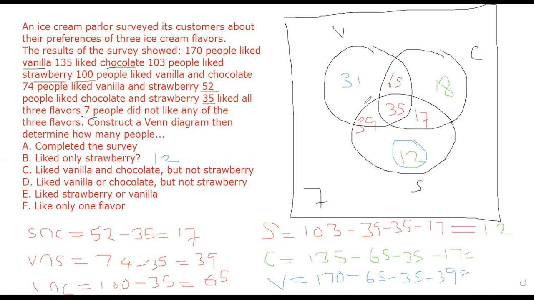Not strawberry. So we're looking at vanilla and what? Chocolate. All these, but not strawberry. So the complement of the strawberry. So we can look at all these, but whatever touches strawberry, we should negate it. So it will be 31 plus 65 plus 18. 65 plus 18.